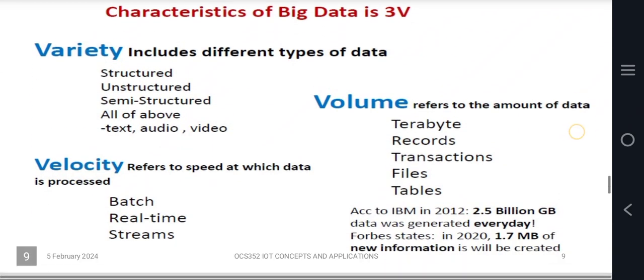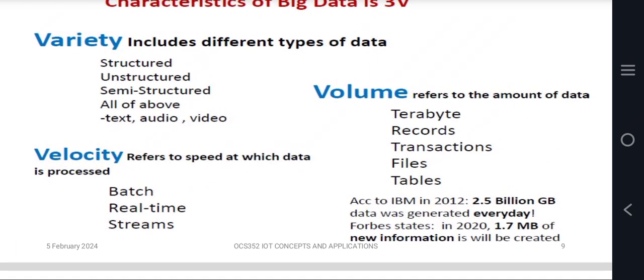Here the variety includes different types of data, which can be structured, unstructured, semi-structured, or a combination of all three. It should be in text, audio as well as video, that is in the form of multimedia.